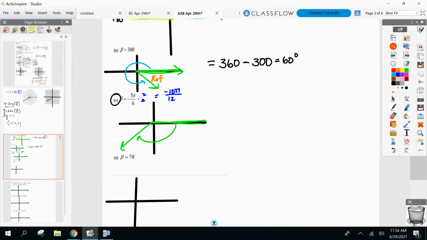All right, ready? Help me out now. How do I find that reference angle? If I go all the way around, I know that's 180, but I'm in radians. This is 180 in degrees, but I'm in radians in this problem. So what's 180 in radians? Pi.